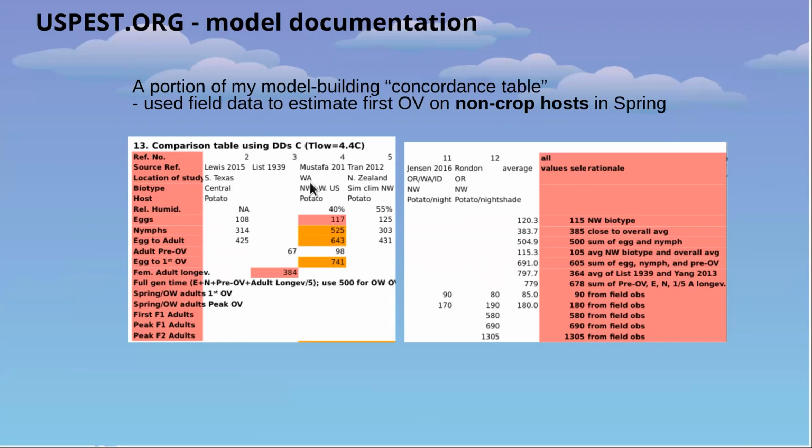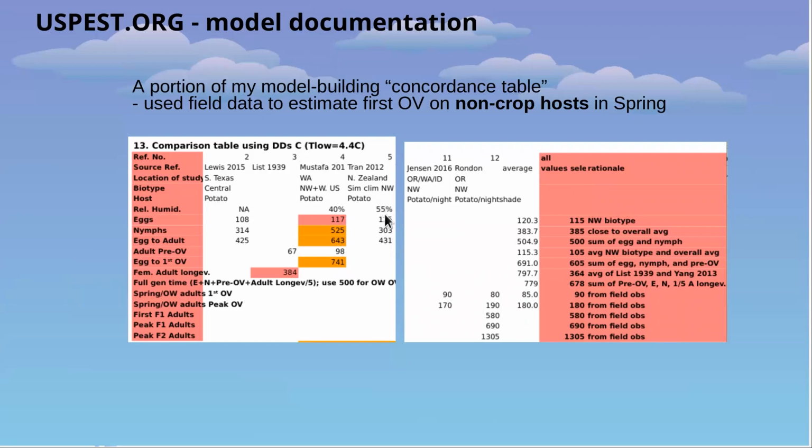And Mustafa in Washington only had a humidity of 40%. So that may explain why these values are outliers, and they were much higher, because maybe these eggs and nymphs were being stressed because of the fairly low humidity, versus Tran et al. They used 55% humidity in their studies.